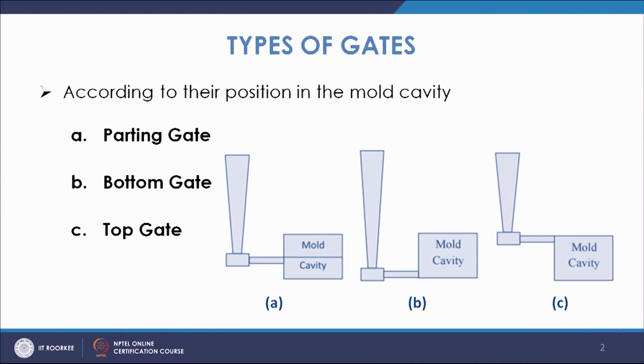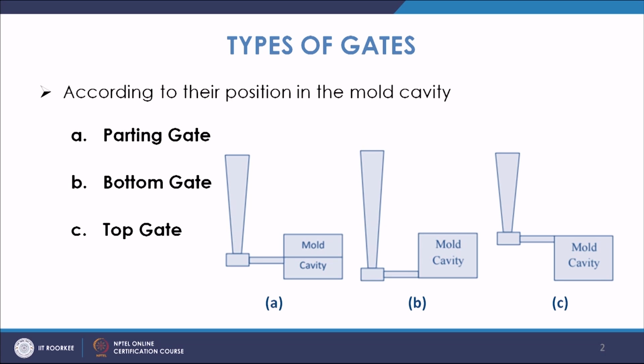Similarly, in this case the metal is seen to enter at the bottom of the mold cavity. So, it is known as a bottom gate, and if the metal is entering from the top portion of the mold cavity, then it is known as the top gate.